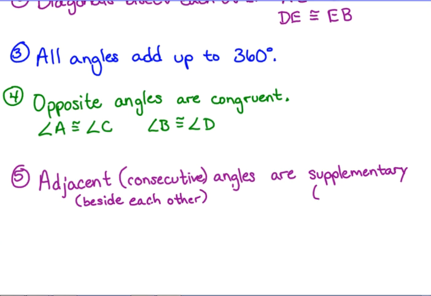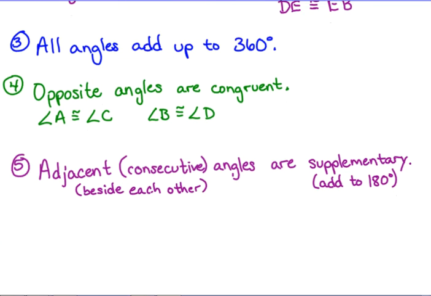What does supplementary mean? They add to 180. Supplementary angles add to 180. What's the other, complementary? Complementary angles add to 90. Complementary is 90, supplementary is 180.